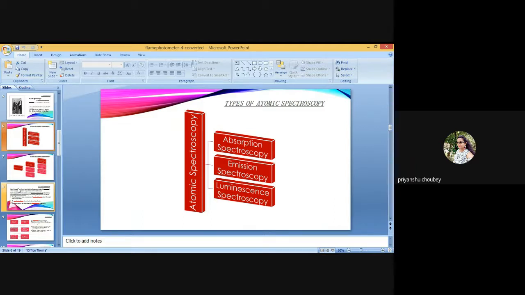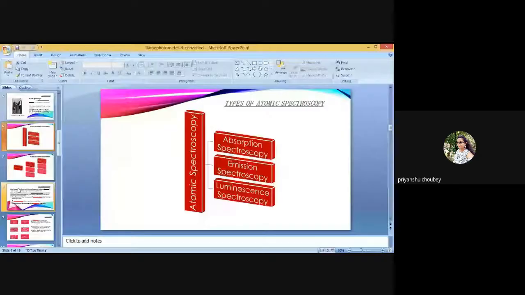Operational steps of AAS: check for the proper fitting of all the tubings and connections, required type of burner, air acetylene or nitrous oxide and acetylene, hollow cathode lamp, etc. Fill the liquid trap with the solvent used for the analysis.